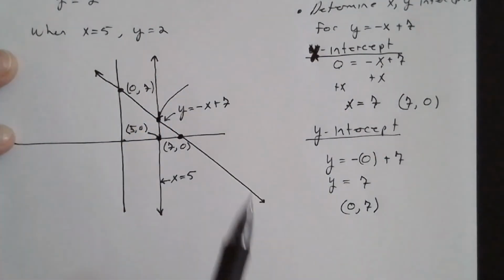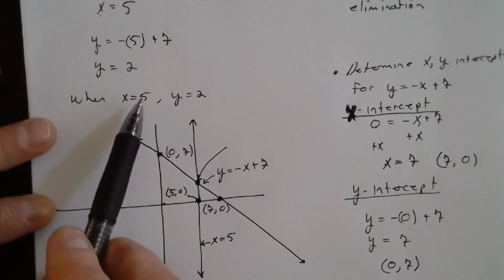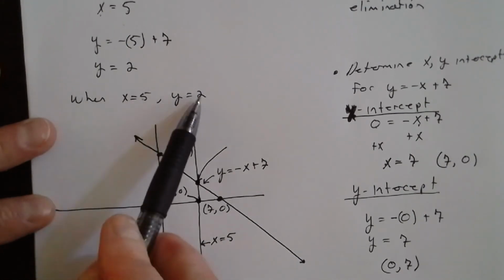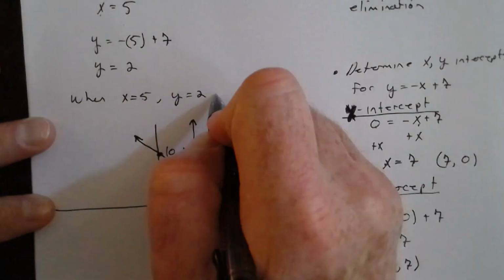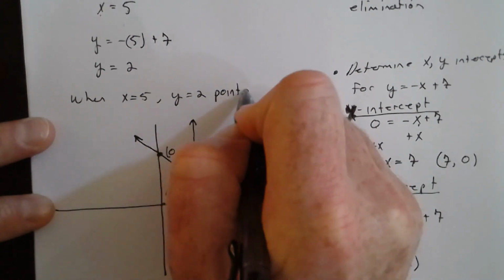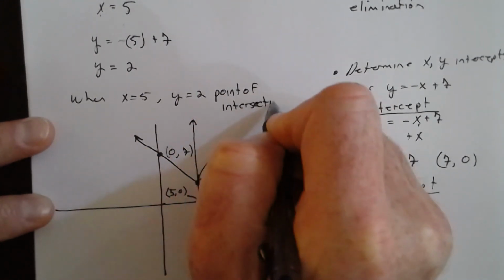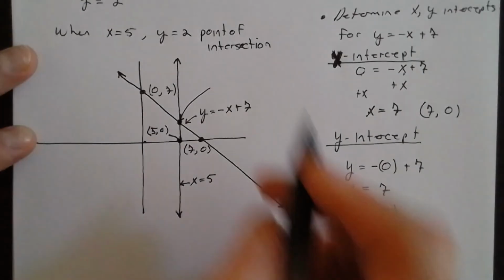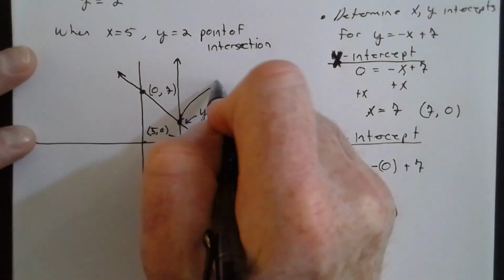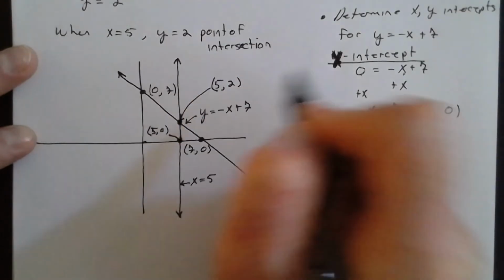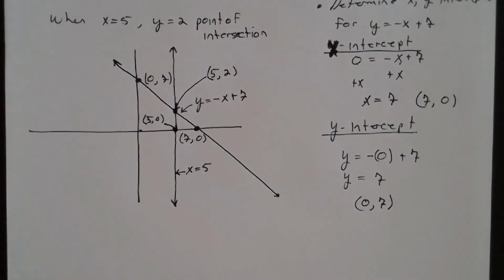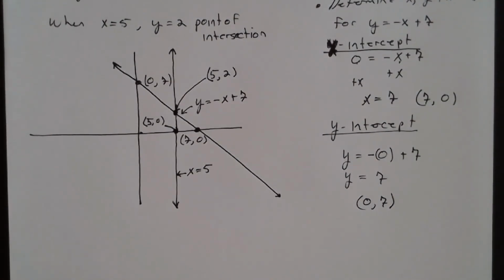And that point, we already know, happens when x is 5, y is 2. It's our point of intersection. And so this is just 5 and 2. So this is how you graph a linear system.